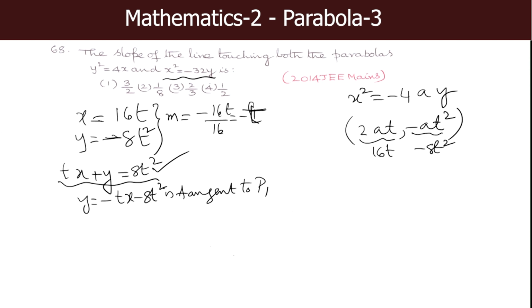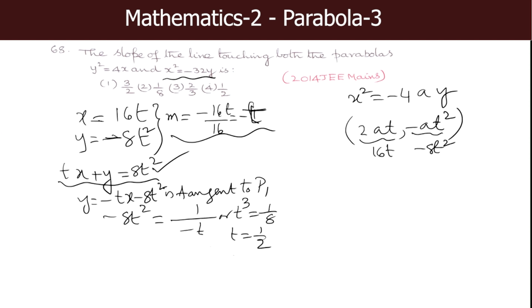You know the condition for the line to be tangent to the first parabola, c equal to a by m. Minus 8t square, a is here 1, m is minus t, or t cubed is minus 1 by 8 plus 1 by 8, or t equal to 1 by 2. So, what is the slope? What is the slope of the line touching both the parabolas? That is minus t. Okay, m is minus t, which is equal to minus half.